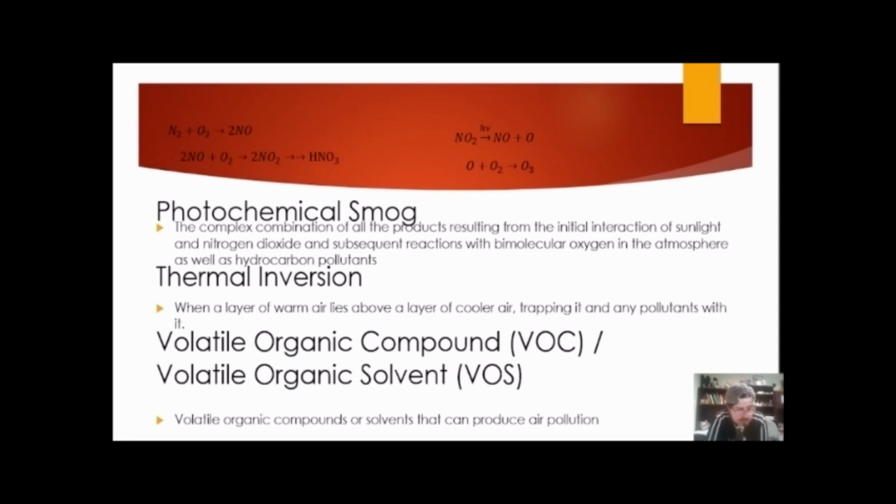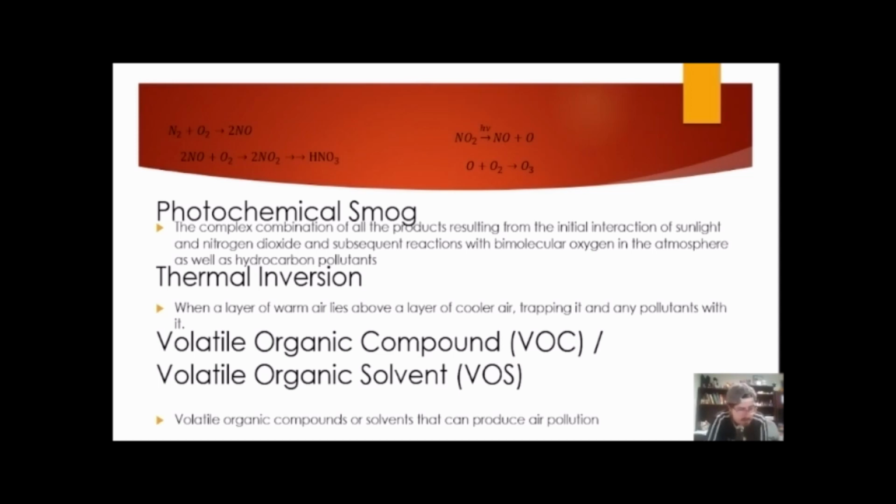All these nitrogen oxides and ozone are responsible for the brown haze we often see above the city. This is responsible for our photochemical smog, which is just a complex combination of all the products resulting from the initial interaction of sunlight and nitrogen dioxide, and the subsequent reactions with molecular oxygen, as well as hydrocarbon pollutants. So all that smog is from our NO2s and our ozone and all the not-healthy-to-breathe stuff that's in our atmosphere.